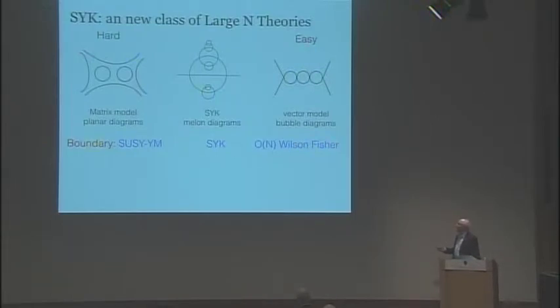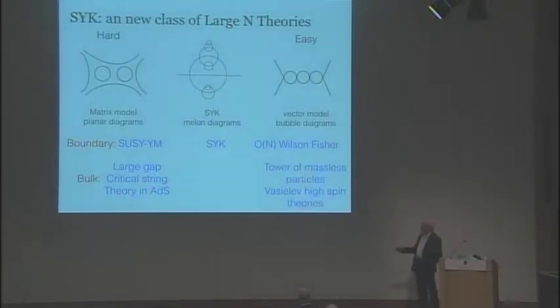And what is the holographic dual of these conformal field theories described by SYK models? Well, for the matrix models, supersymmetric Yang-Mills theory, the bulk dual, we believe, we're sure, although it's certainly not been proven, is completely equivalent or dual to critical string theory in AdS times a five-dimensional sphere or some other compact space.